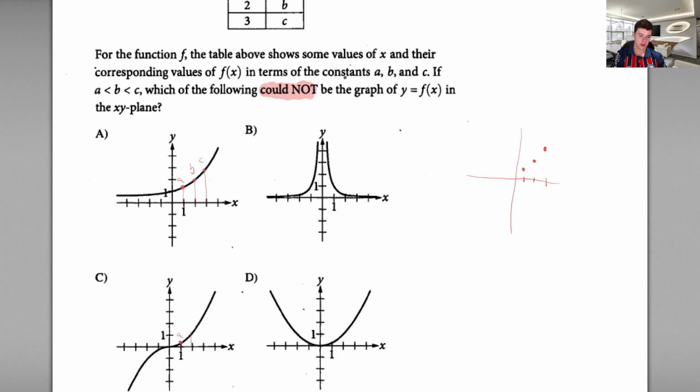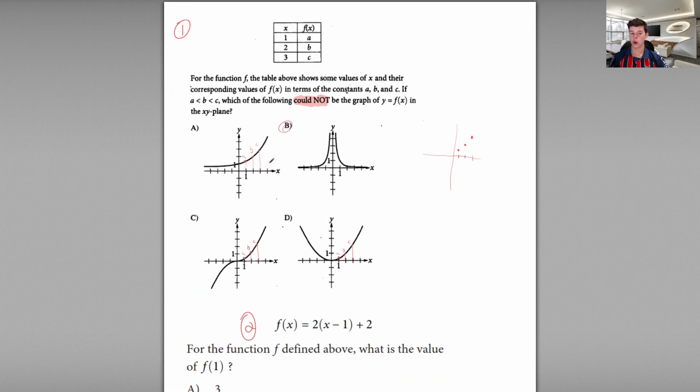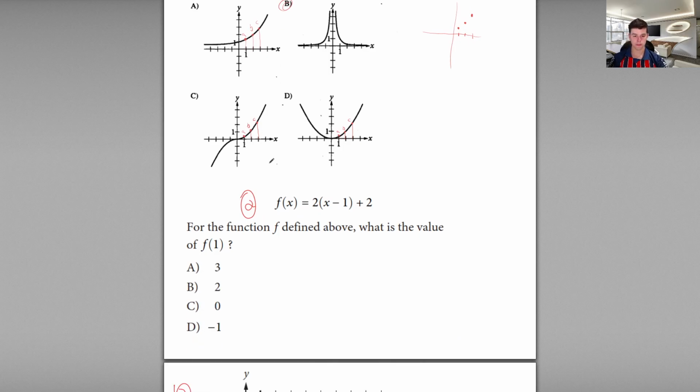That's a, that's b at x equals 2, and that's c at x equals 3. This one also follows the trend. That's a at x equals 1, that's b at x equals 2, and that's c at x equals 3. And so b is the only one that cannot be it. Looks like a hard problem? Not really. It's just interpretation.